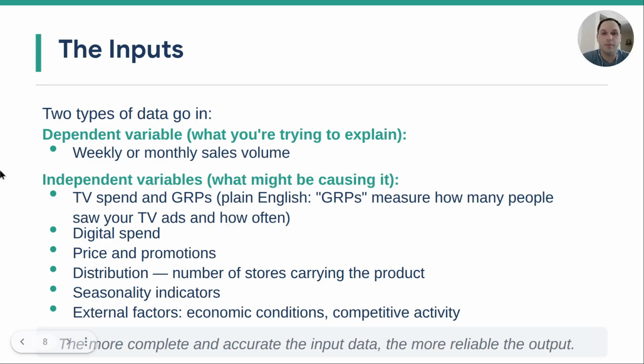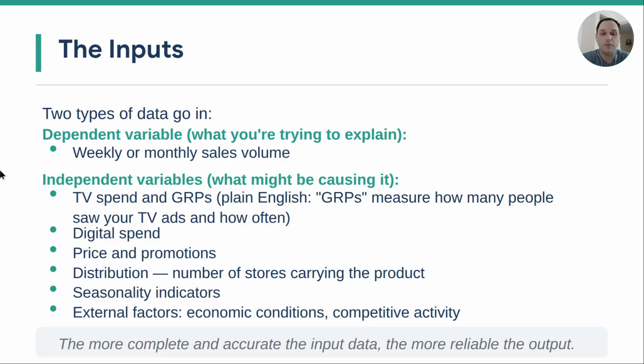To run an MMM, you need two types of data. The dependent variable, the thing you're trying to explain, is your weekly or monthly sales volume. Then the independent variables, the things that might be causing the sales to move, include TV spend and GRPs, which is a measure of how many people saw your TV ads and how often, digital spend by channel, price and promotional activity, distribution, how many stores are stocking the product, seasonality indicators, and external factors like broader economic conditions or competitive activity.